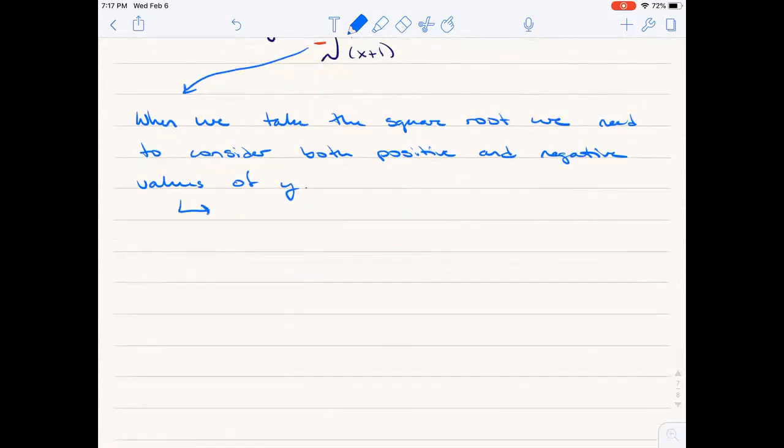And so to do that, you're going to add plus minus in front of the square root.